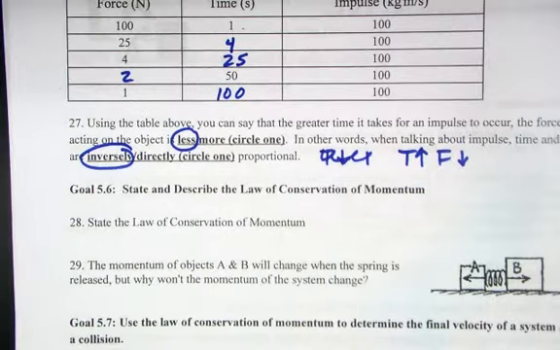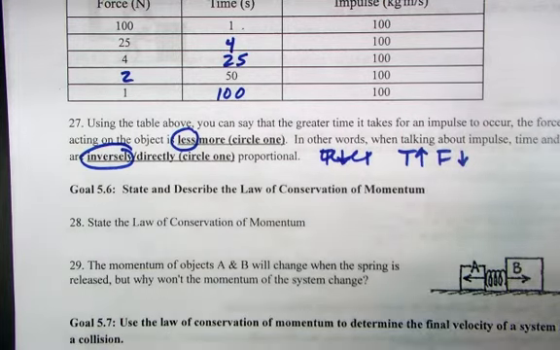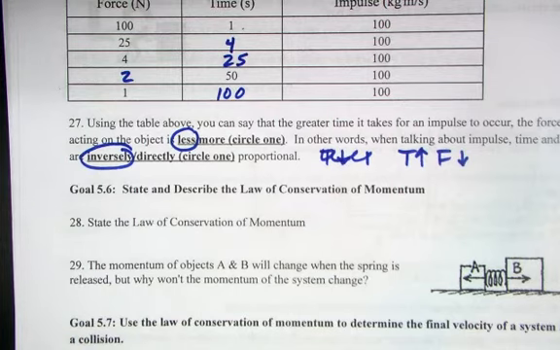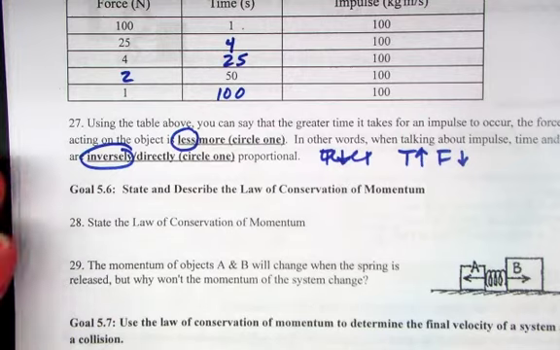The next one is stating the law of conservation of momentum and understanding how that works. The law of conservation of momentum is that the momentum before a collision is going to equal the momentum after a collision. That's important because as you look at collisions, that's important to keep straight.